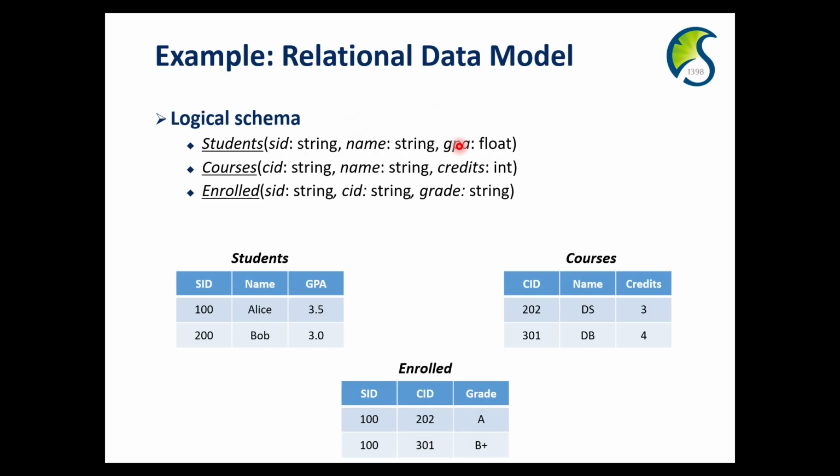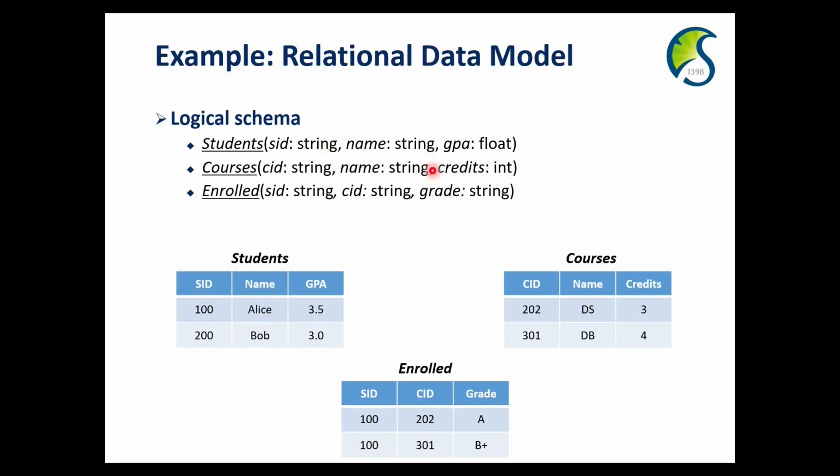The data types of the columns are string and float. And for courses, this is another relation, and we also specify three different columns: CID, name, and credit, and their data types are string and integer.